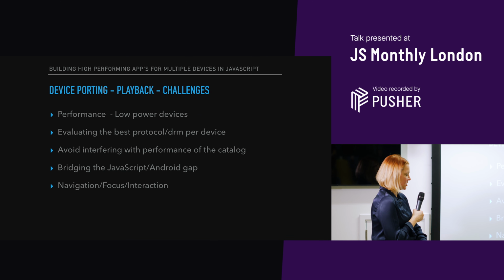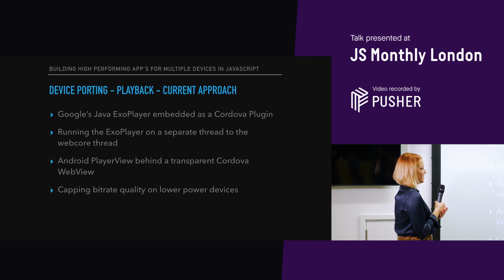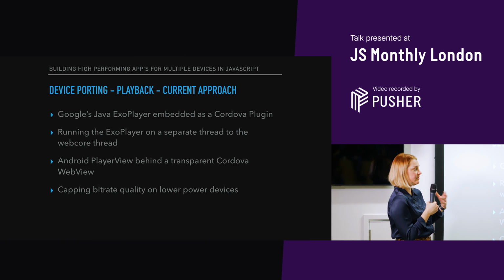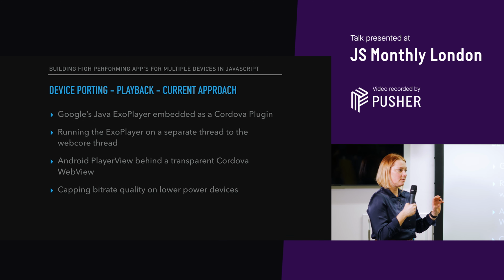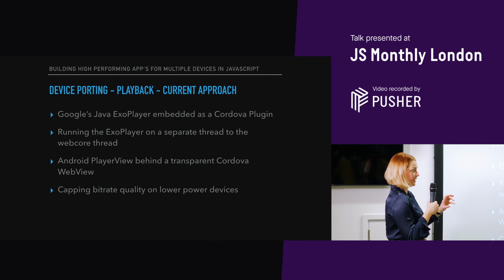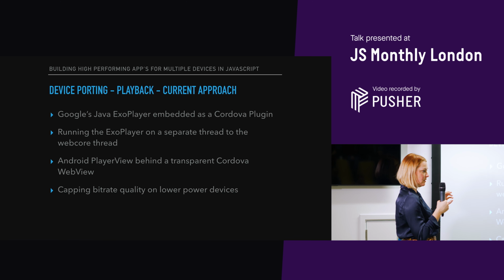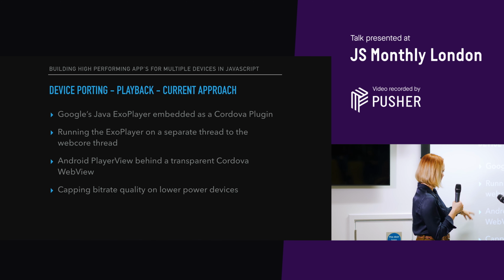So again, the same challenges as we have in catalog. And what they have decided: this team has decided that they will go with the Java ExoPlayer embedded as a Cordova plugin. And it means that it's going to run in a separate thread from our web app, actually the web view. And we're expecting it to perform much better than running in the same thread.